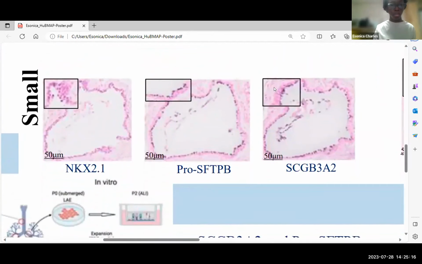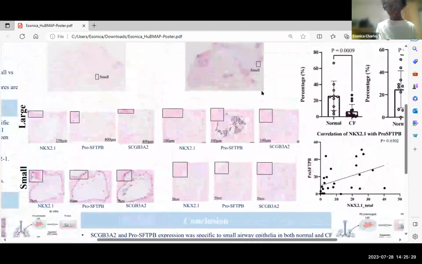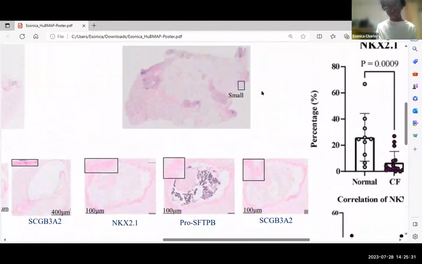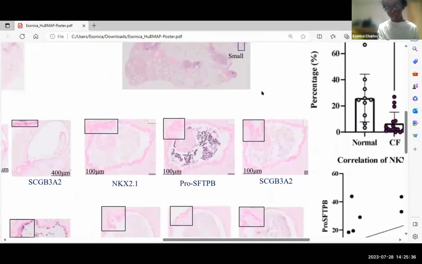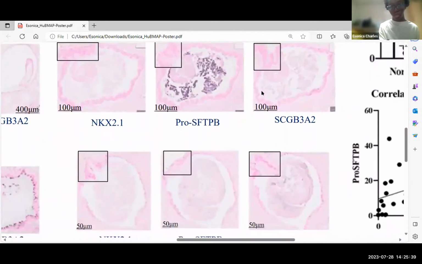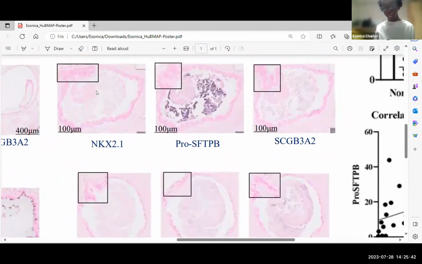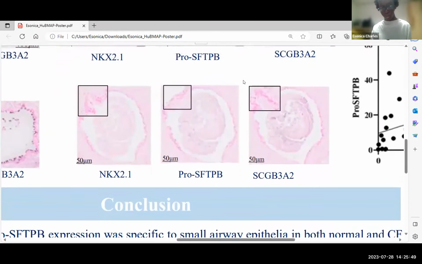And then for the small airway epithelium, we see even more of the dark purple expression of the DAB positive cells. Then we move to CF, all of which is done with DAB staining. And here we see that there is a reduced expression of the small airway markers in the CF large airways and in CF small airways.